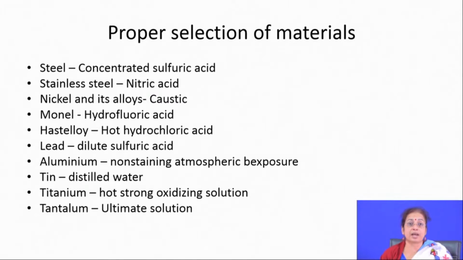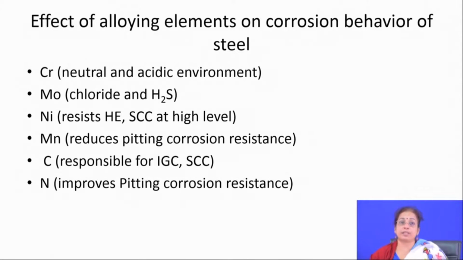Whenever it is high temperature oxidation, you have to follow the Ellingham diagram, or you have to choose a different alloy which does not undergo corrosion in that particular environment by forming a very thin protective oxide film. So, proper choice of material is very important.